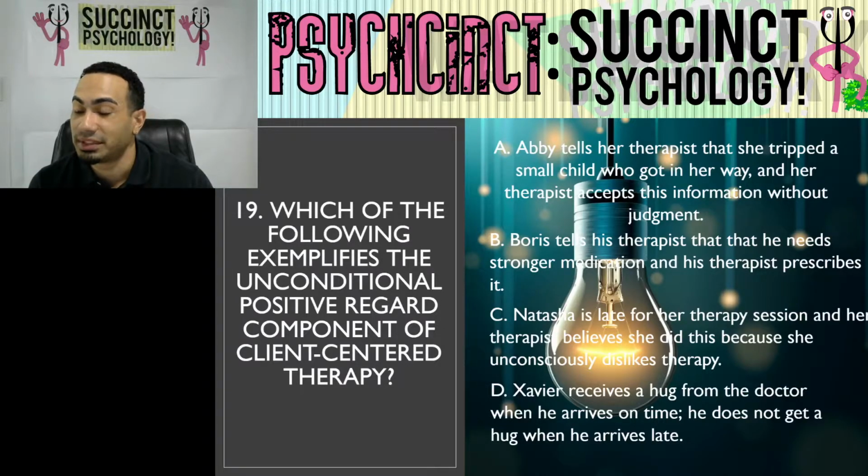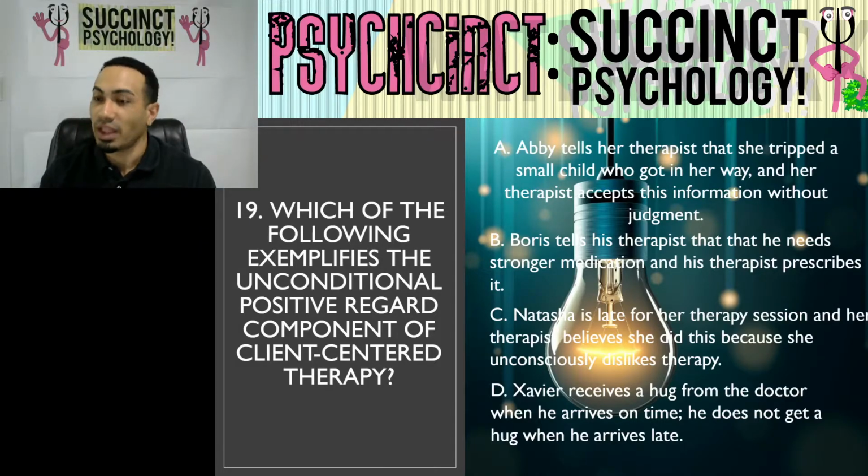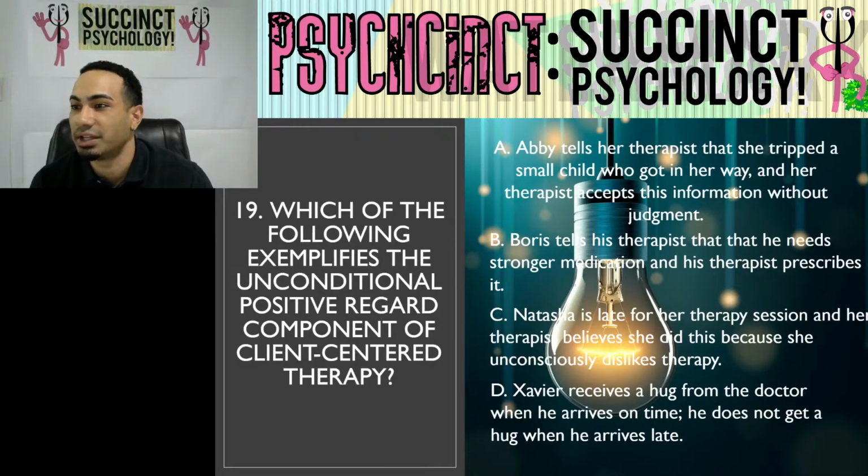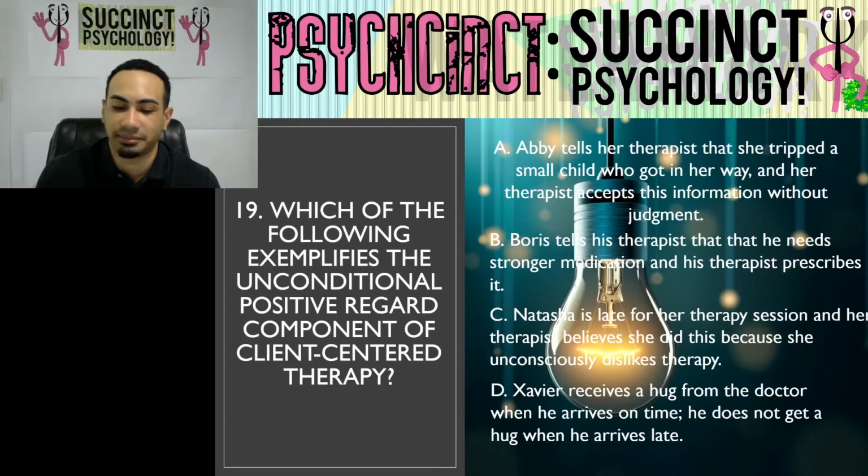Natasha's late for a therapy session, so her therapist thinks she did it because she unconsciously dislikes therapy. That also does not sound like unconditional positive regard. And Boris tells his therapist that he needs stronger medication and his therapist prescribes it. Well, maybe it can be unconditional positive regard, but not so much. A, Abby tells her therapist that she tripped a small child who got in her way, and her therapist accepts this information without judgment. Well, that sounds like unconditional positive regard, and that is the answer, A.